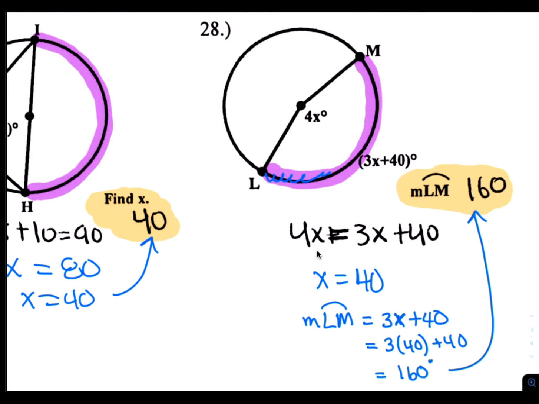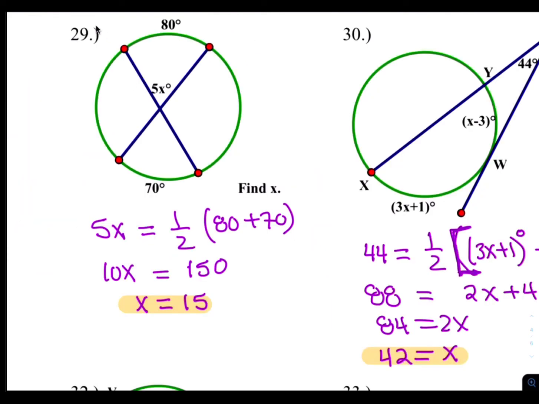When you subtract 3x from both sides, you get x is equal to 40. Now we can plug that back in to find the measure of arc LM. Since arc LM is 3x plus 40, we can say that it is 3 times 40 plus 40, which is 160.